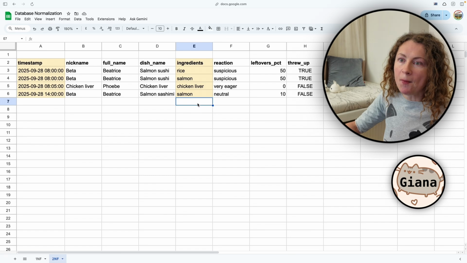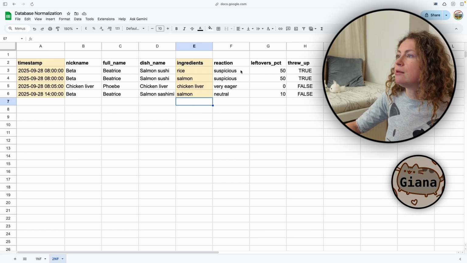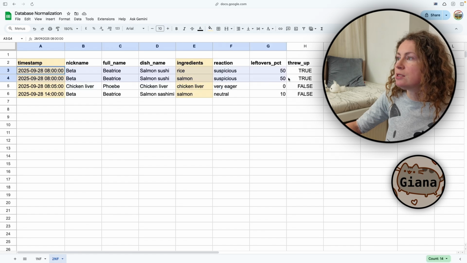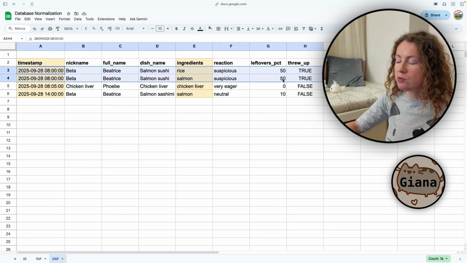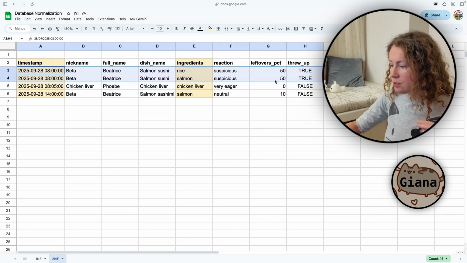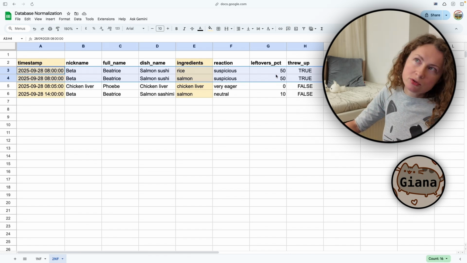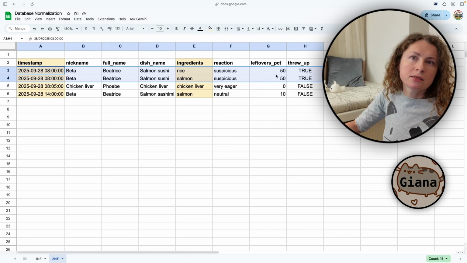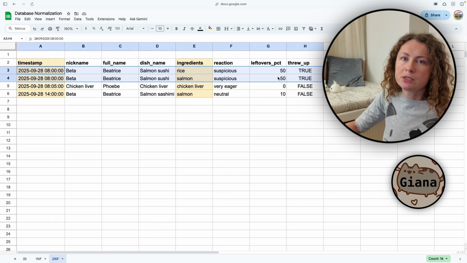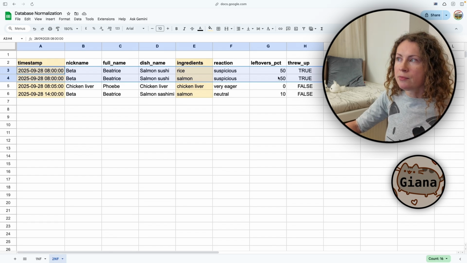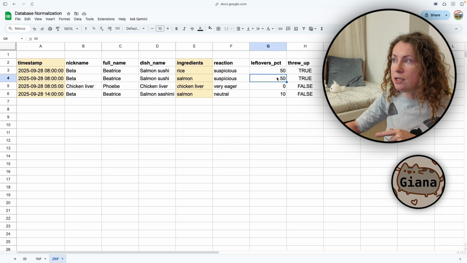Can you give examples of how we would cause anomalies? Of course. So let's take this observation that is currently split into 2 rows. And let's imagine that the staff leaving the room, having already recorded this, looks back and thinks, hey, that's actually more like 70% and not 50%. And they decide to correct the data.